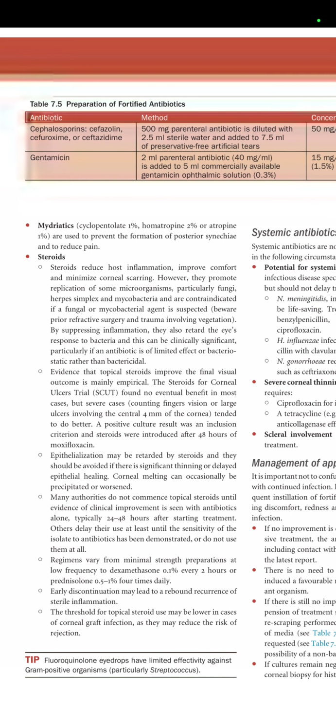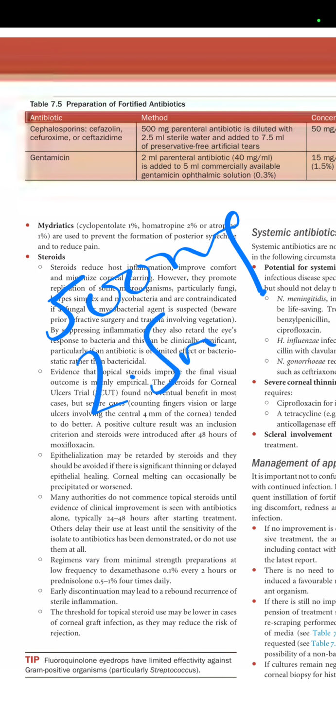How we make it is basically 500 mg of parenteral antibiotic is diluted with 2.5 ml sterile water and added to 7.5 ml of preservative-free artificial tears. So 500 milligrams of antibiotic is diluted in 2.5 ml of sterile water, and then added to 7.5 ml of preservative-free tears.